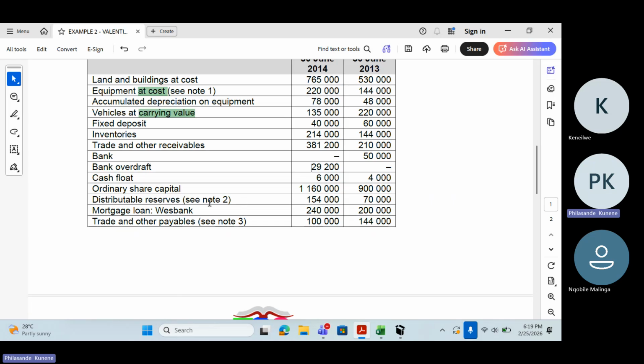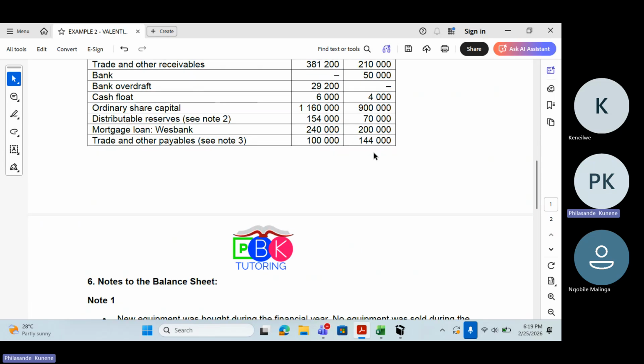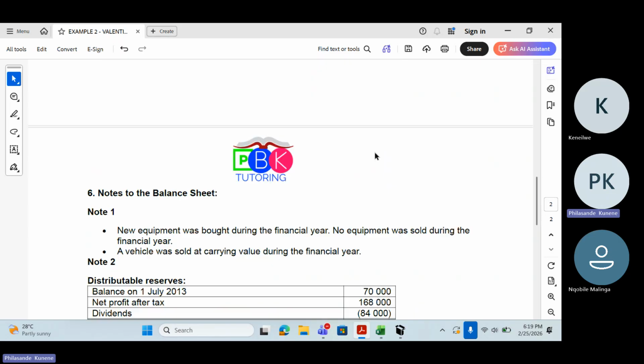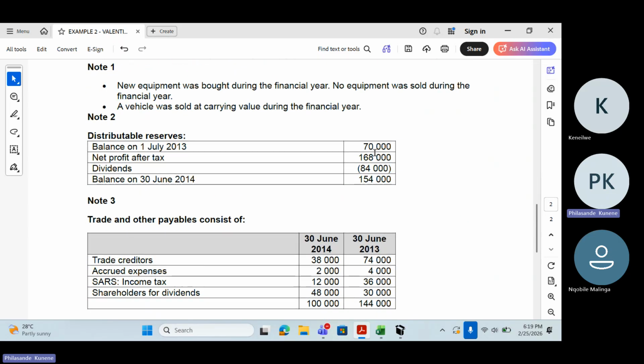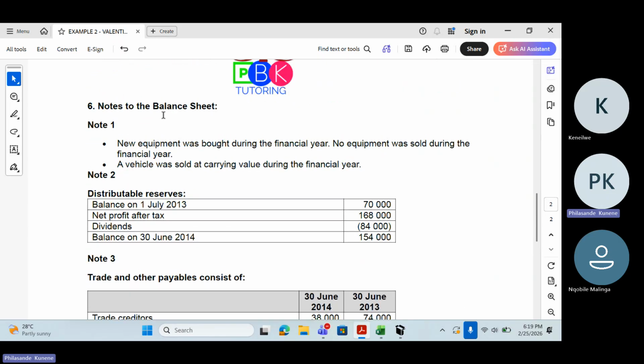Distributable reserve, and then they say we must see note number 2, 154,000 with 70,000. Mortgage loan West Bank 240, 200, and then we have trade and other payables. See note number 3, which is 100,000 and 144,000. Then we do have this information here. Notes to the balance sheet: a new equipment was bought during the financial year.